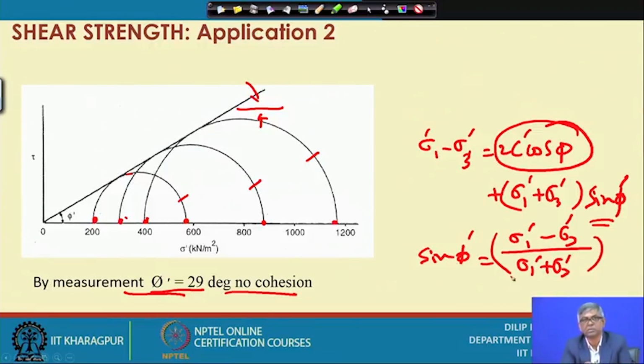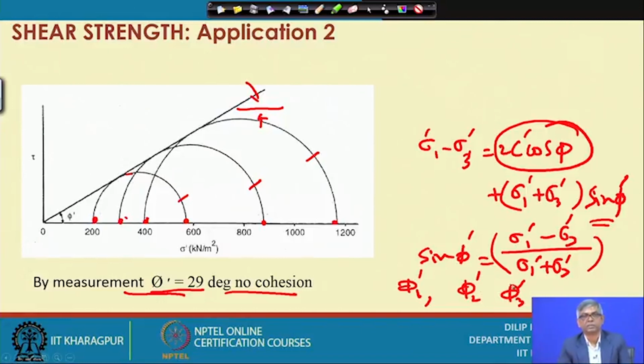So, from here also directly I can find out the phi dash. Here, there are 3 circles. Corresponding to the first circle we get phi 1 dash, then for the second circle phi 2 dash, and then we will get phi 3 dash.